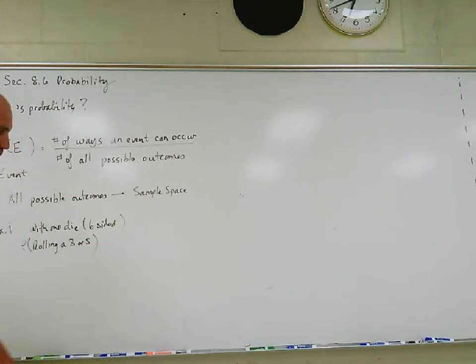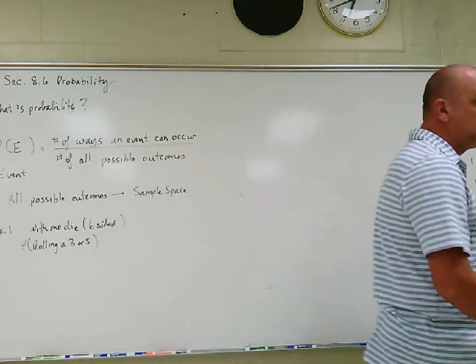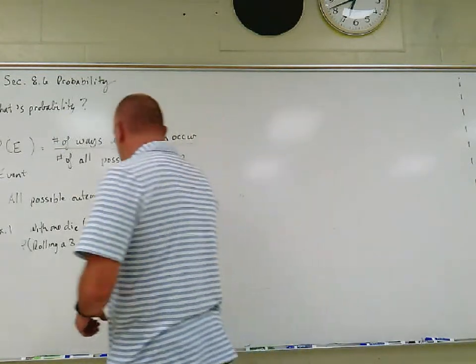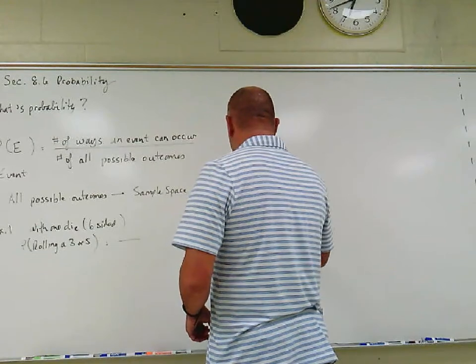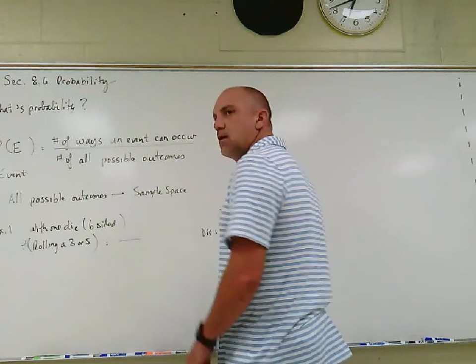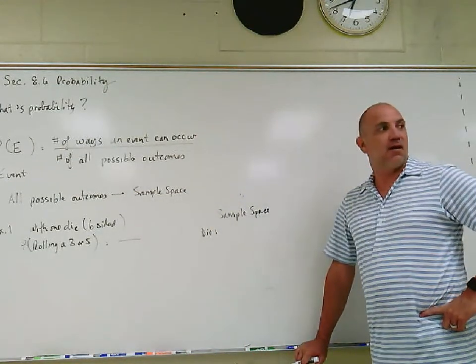I think we can probably do this off the top of our head, but let's think about it. The first thing I like to do is think about the sample space. For a die, what are the outcomes? Again, it's a fair die.